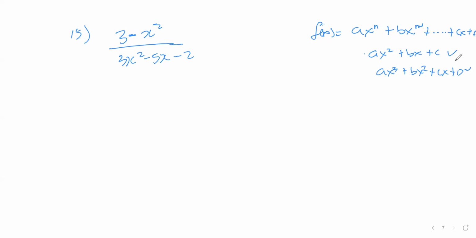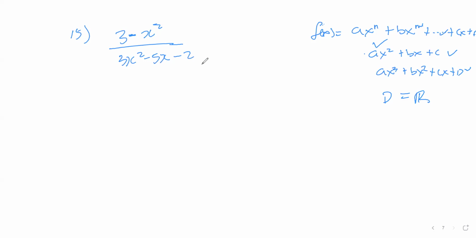Typically, their domain is all real numbers, which means they are defined everywhere, which means there is no real number which when you substitute into them, you will have a problem. So our numerator here is of this form, so it is defined everywhere, we don't have any problem.